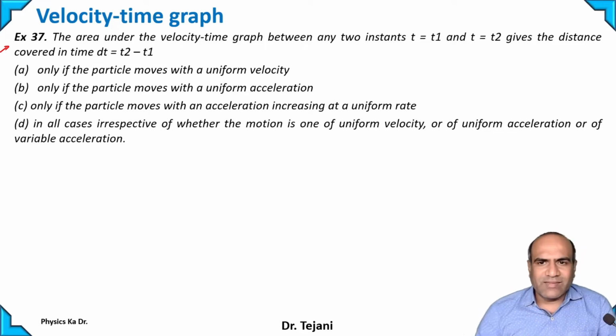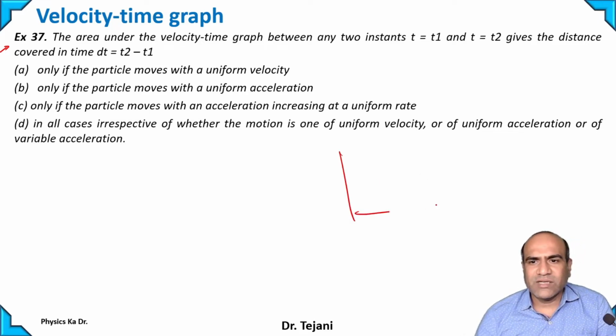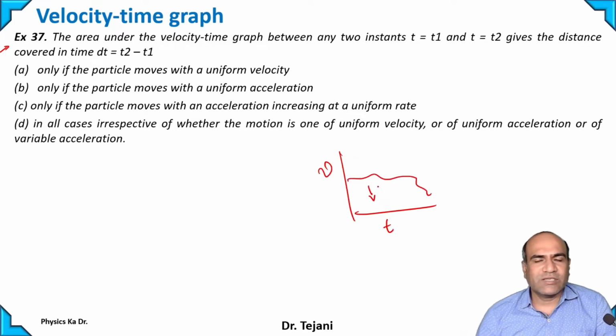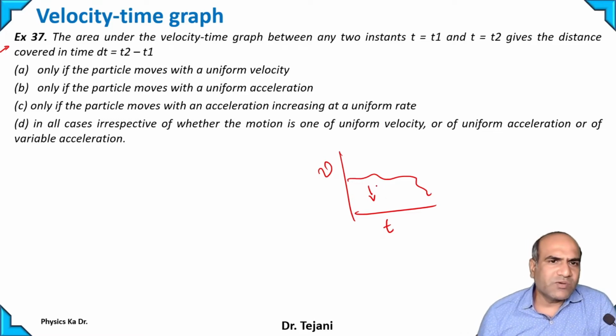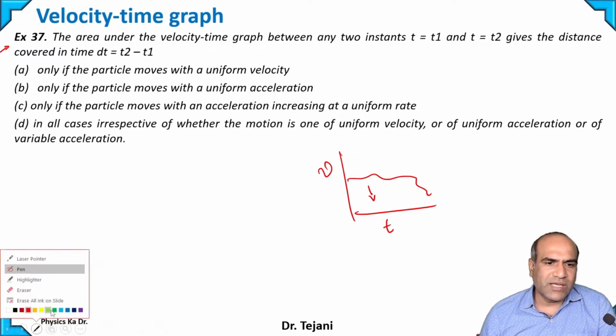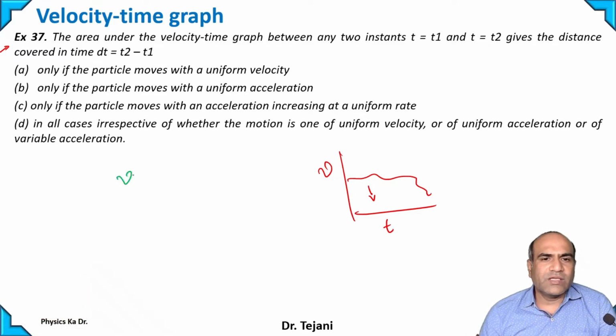In the velocity time graph, whatever area is under this region gives displacement, or distance covered, that we know. The condition is given: only if the particle moves with uniform velocity, then it is applicable. Second is uniform acceleration. If acceleration is uniform, then it is applicable.